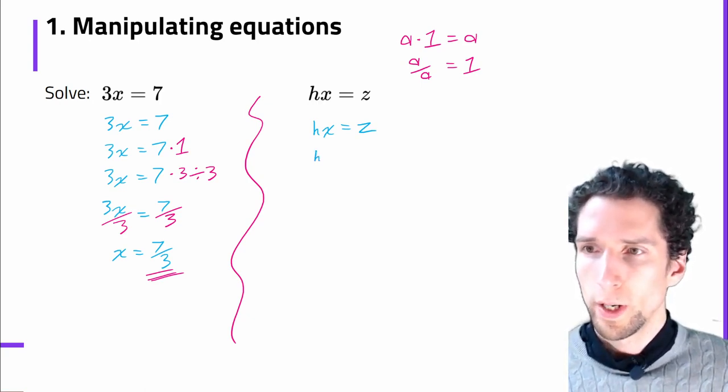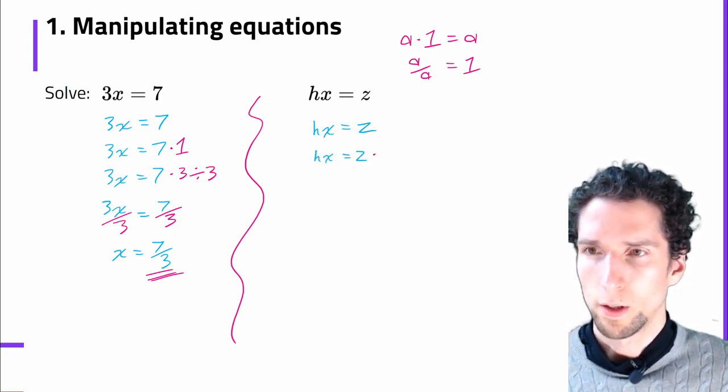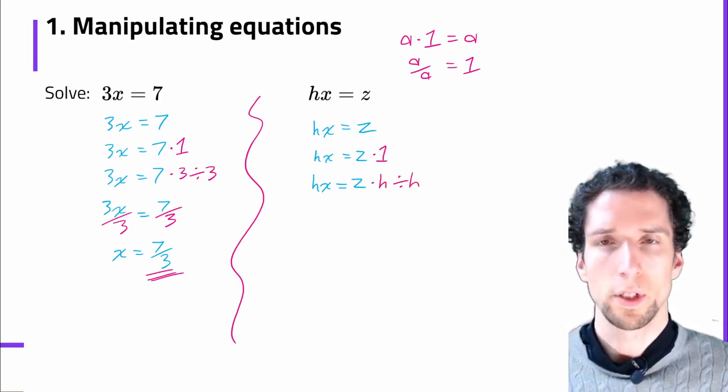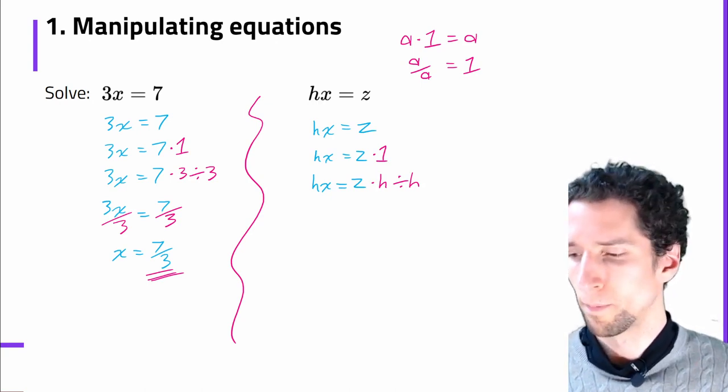All right, so hx equals z times 1, times h divided by h, and then we'll just move one of these to the left, still keeping our balance here.